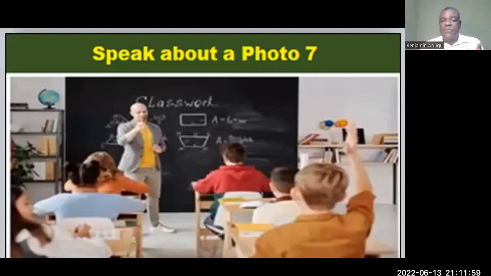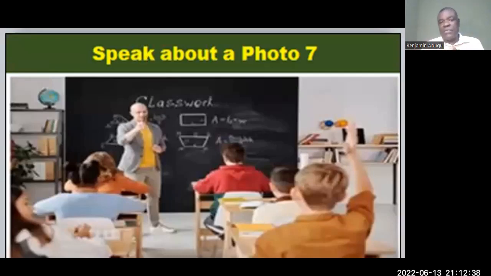The teacher seems to be asking a question, and I can see a student on the far right raising his hand, which indicates that he wants to answer the question, okay? Then you can say there is a big blackboard on the wall behind the teacher and two bookcases on each side of the board. You can see a bookcase by the right, by this side, and a bookcase the other side. So now this actually is what you can easily do.